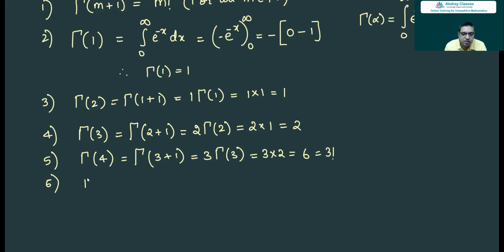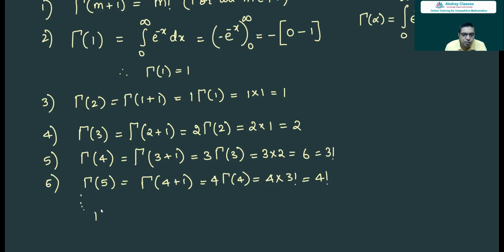Like this. So it will proceed like this. Gamma of 5 will be gamma of 4 plus 1, that is 4 into gamma of 4, that is 4 into 3 factorial, which is 4 factorial.